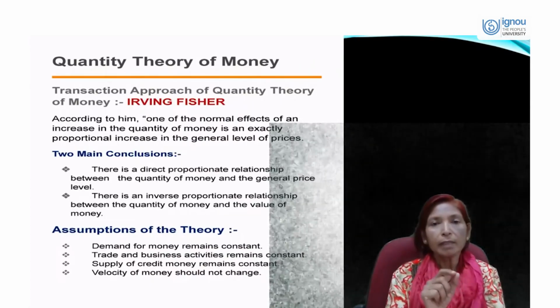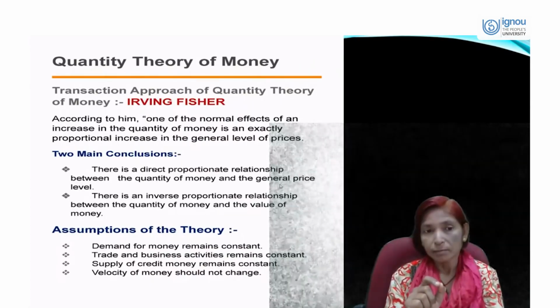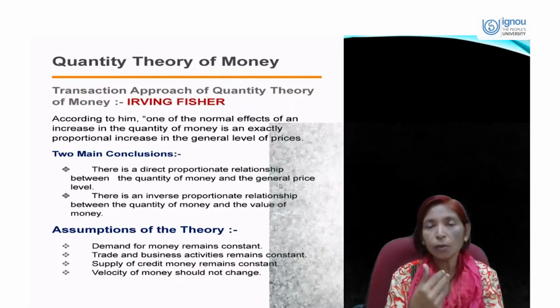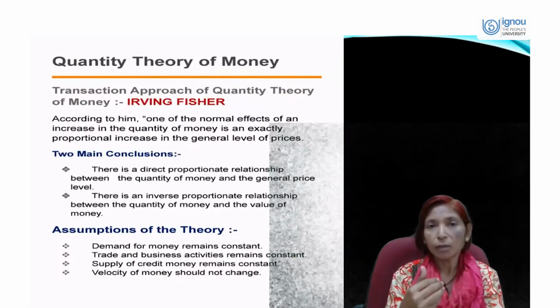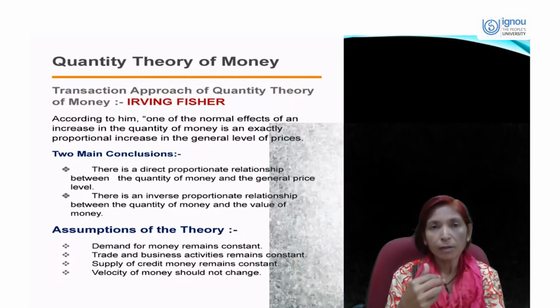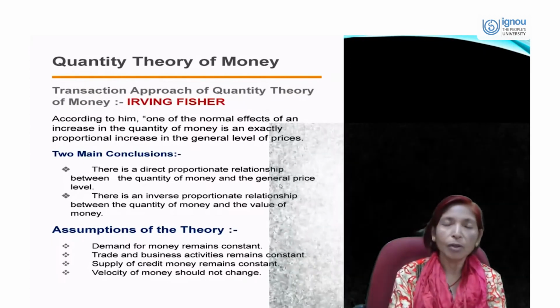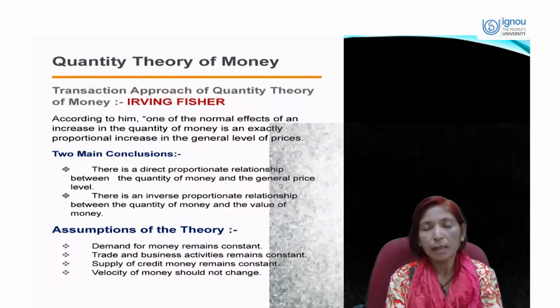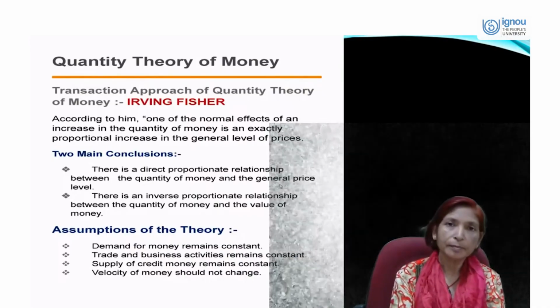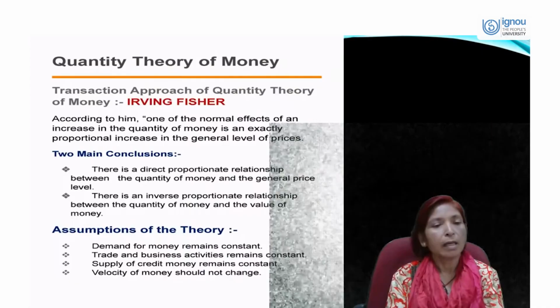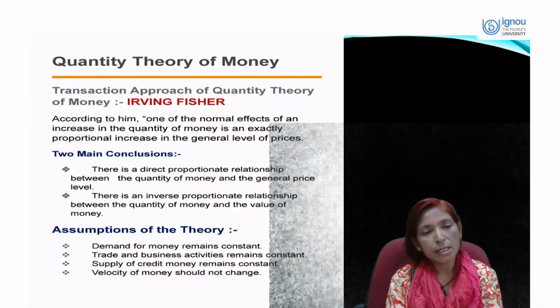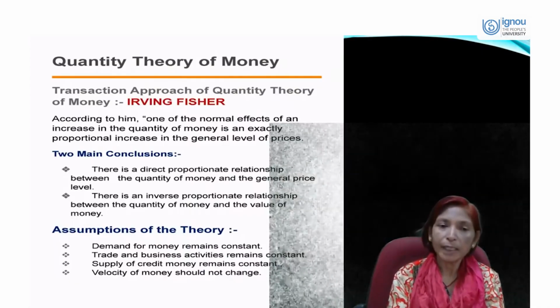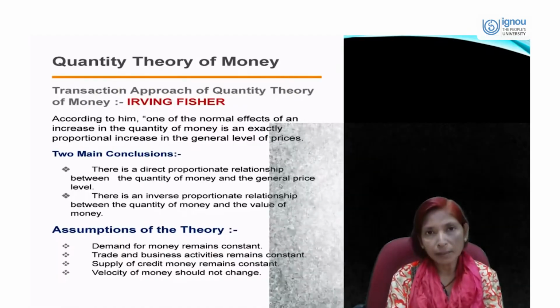So we can draw three main conclusions with the help of this quantity theory of money, which was popularized and developed by Irving Fisher. One is that there is a direct proportionate relationship between the quantity of money and the general price level.